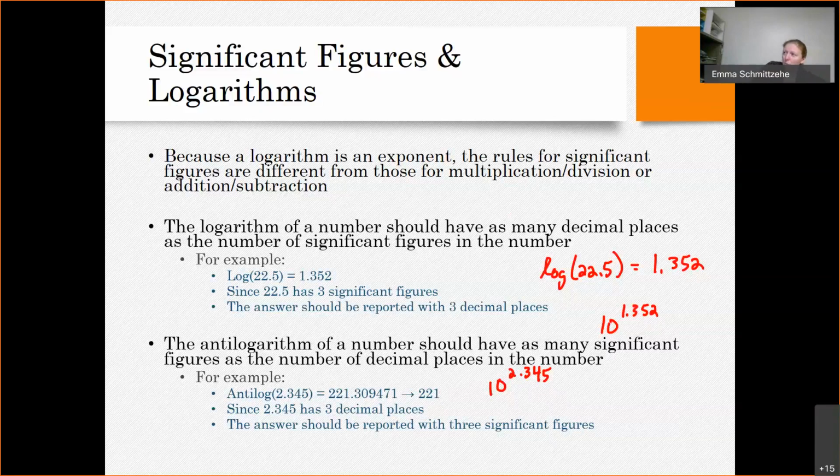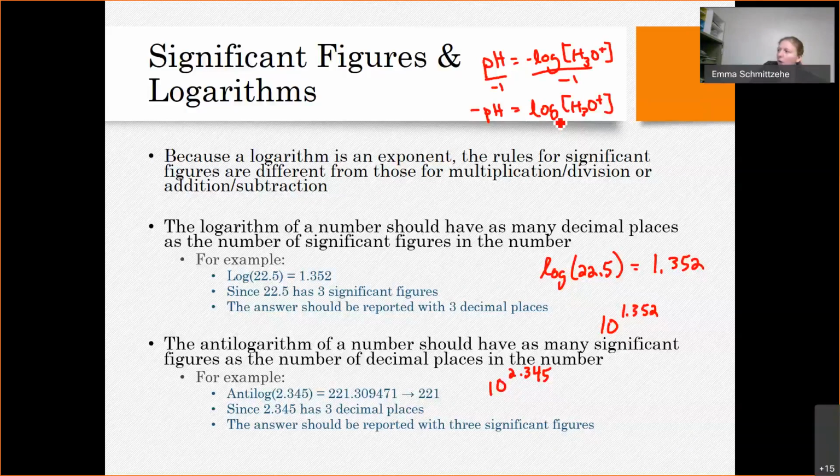Okay, and so this equation, pH equals negative log of H3O plus, when we rearrange that, basically you can divide by -1, right? And so that would tell you negative pH equals log of H3O plus. And if we need to get rid of that log, we're going to do what's called an anti-log, which is really just doing 10 raised to this stuff.